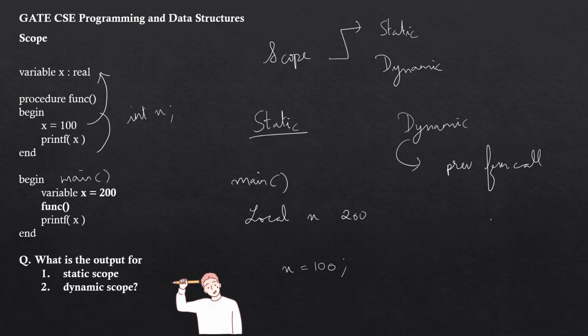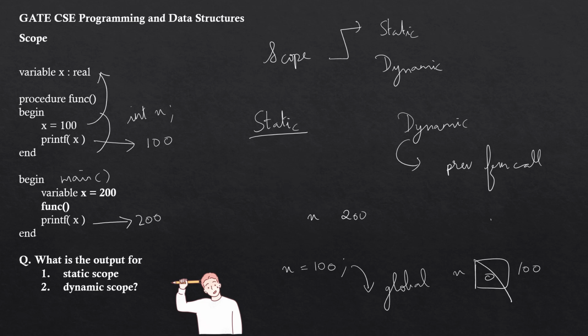In the case of static, it will point to global. So now we have a global variable x with value 0, and it will be replaced with 100. When you print, it will be printing the global value, and when you come back, it will be printing the local variable. This is in terms of static scope.